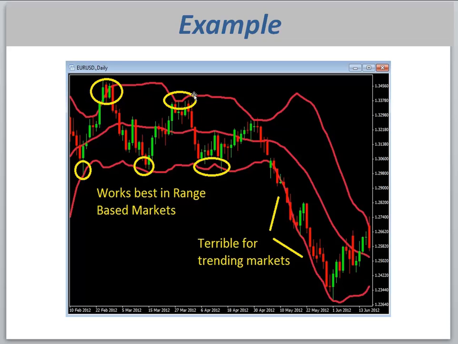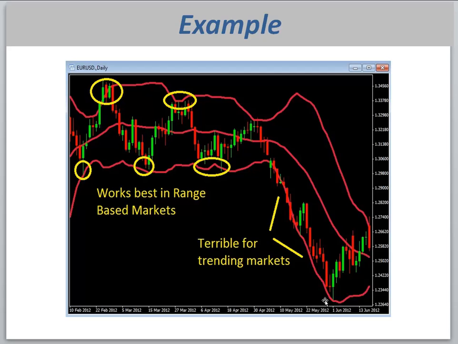You can see it worked out pretty well in the beginning of this chart, but it didn't do so well later, where it kept falling and falling, even though it was oversold and kept getting more and more oversold. Just because something's oversold on the Bollinger Bands doesn't mean it will not continue to go down.